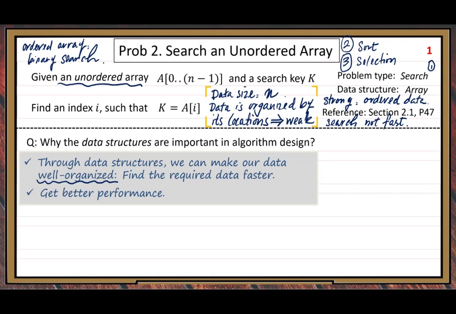We organize our data in a stronger way. Here, with unordered data, although you organize your data in a certain way, it's a very weak way. So look at that big difference.